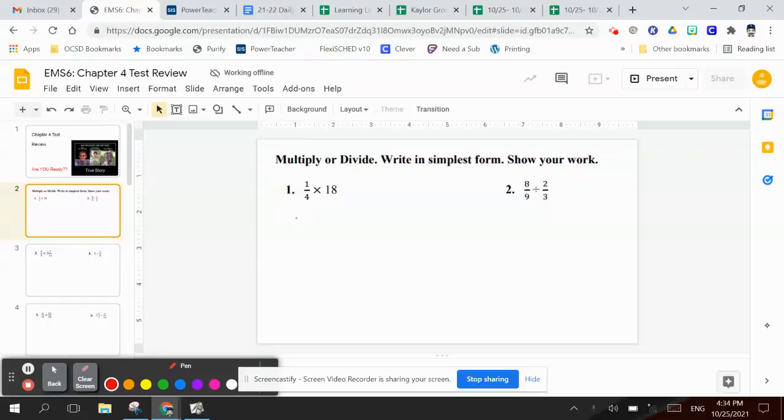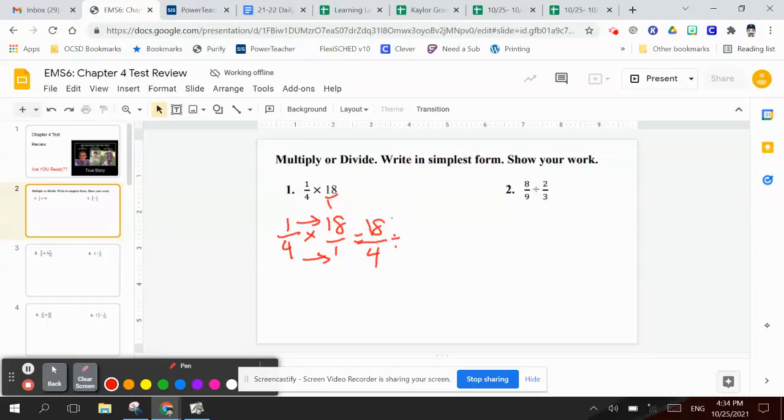To write these out, I write 1/4 times 18 as a fraction, which is 18 over 1. I multiply across, top number times top number, 18 times 1 is 18. Bottom number times bottom number, the two denominators, 4 times 1 is 4. And then I put that in simplest form.